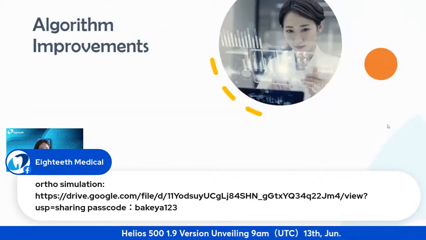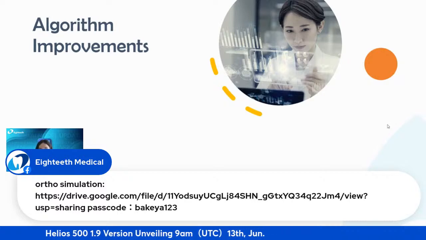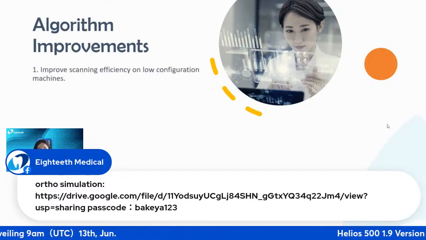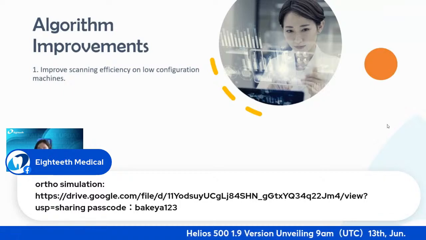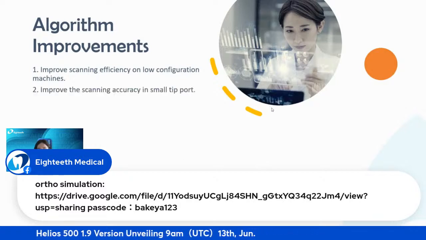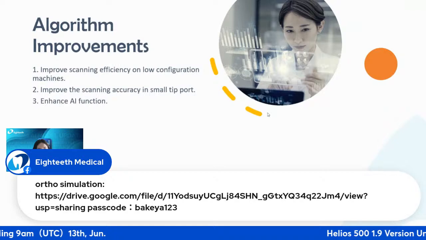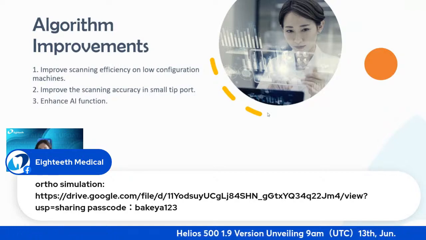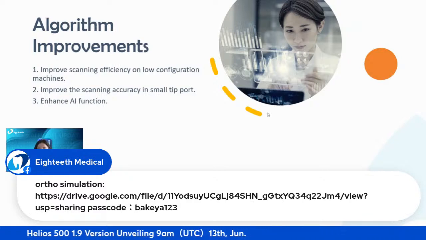And lastly, we have many algorithm improvements. I'm just going to summarize them for you. Improve scanning efficiency on low configuration laptops, and improve the scanning accuracy in small tip ports. As you know, we improved our artificial intelligence function so that it automatically recognizes soft tissues and the teeth.